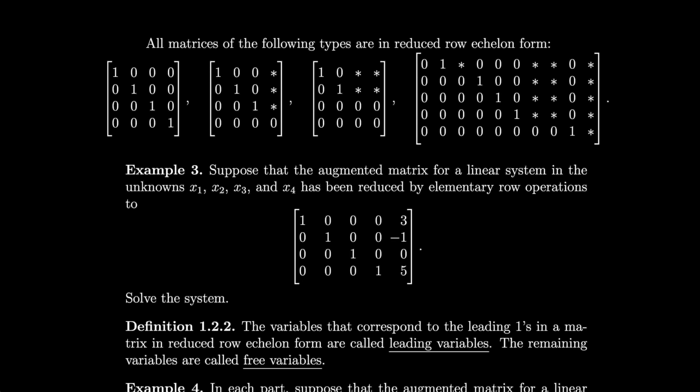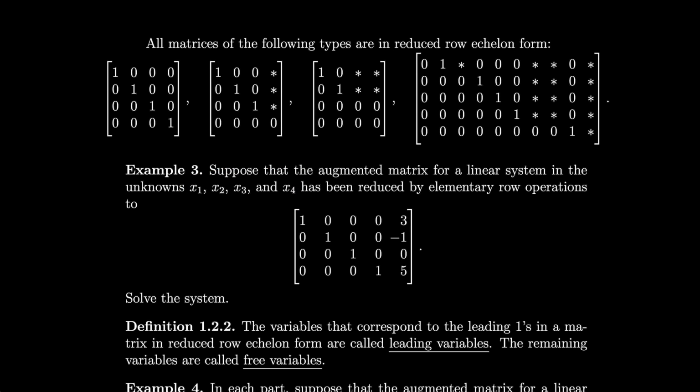As another example, suppose that the augmented matrix for a linear system in the unknowns x1, x2, x3, and x4 has been reduced by elementary row operations to this matrix over here. Let's solve this system. Well, notice that each of these numbers is the coefficient of one of these variables.